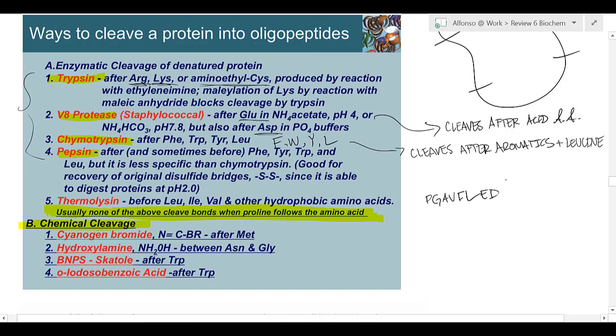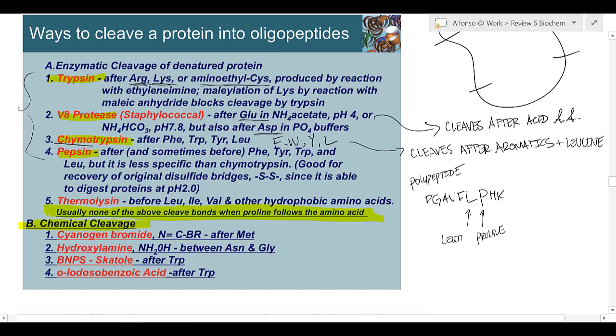If we were to use chymotrypsin, how many cleavages would we have on this polypeptide sequence? None, right? Because there is a leucine here, but what follows it? Proline. So because there's a proline, chymotrypsin will not cleave after this leucine.